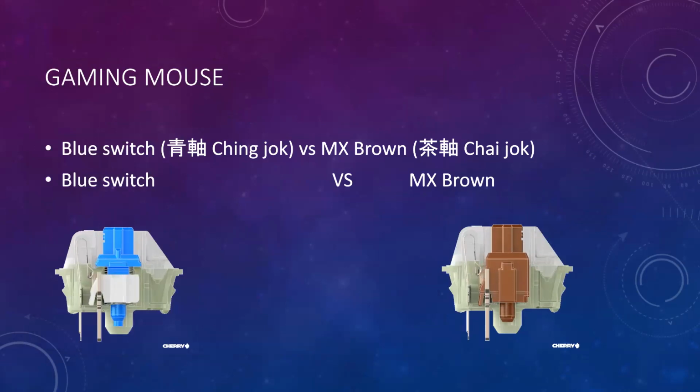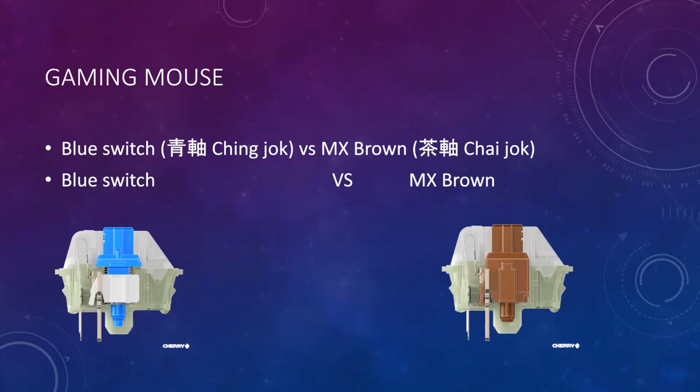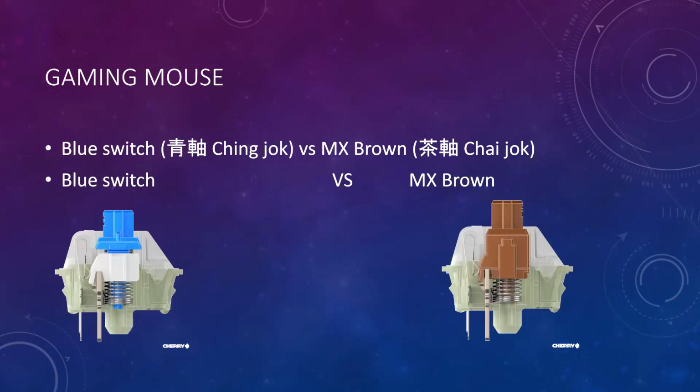They have different sounds, and there is better performance using this kind of keyboard. But the price is higher than a normal keyboard, maybe around 700 if you want to buy a good gaming keyboard.